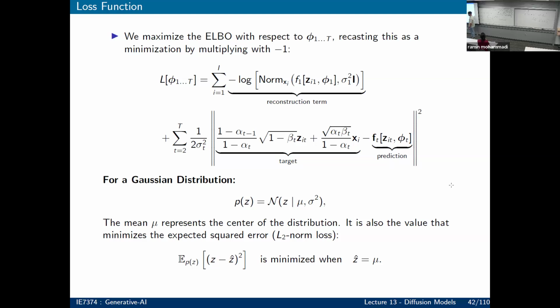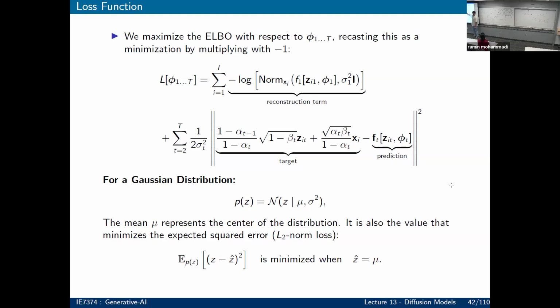So you have a model at every time stamp. There's an F theta at every time stamp. That F theta is responsible to predict what is the mean of the distribution in order to go to the next time stamp. So you basically predict what was the mean. Now, the target is the mean, right?